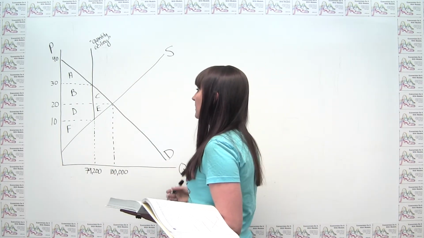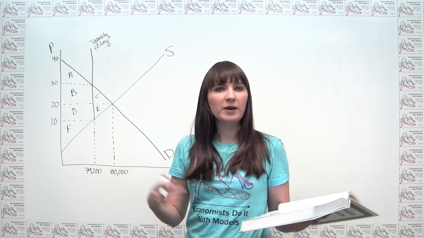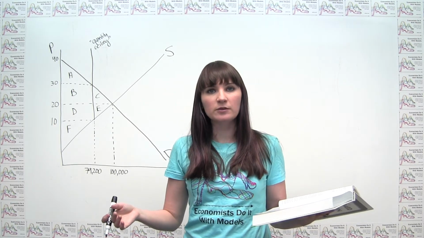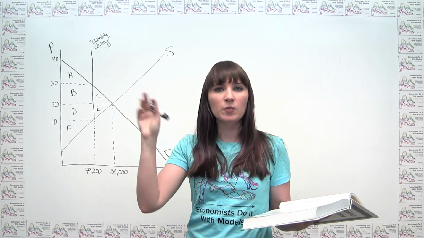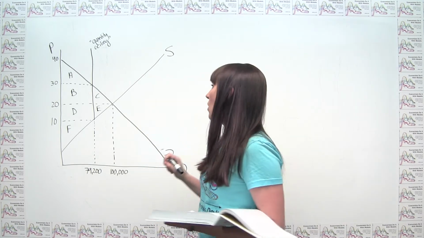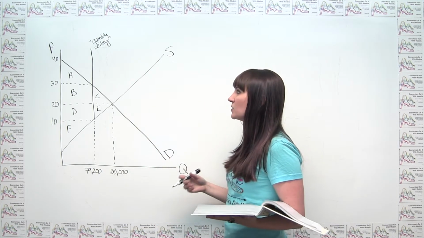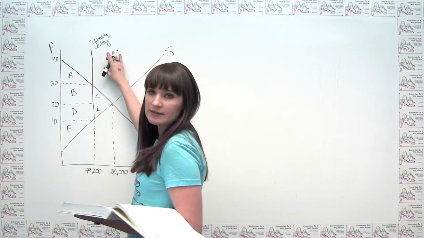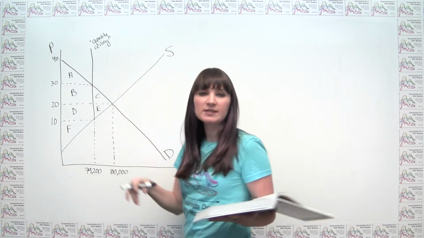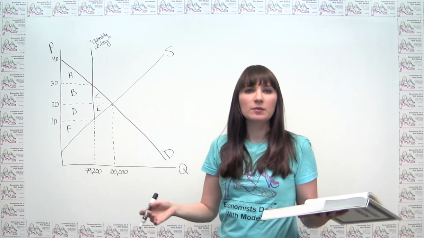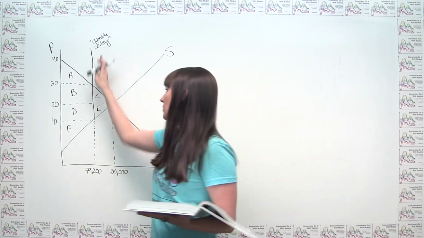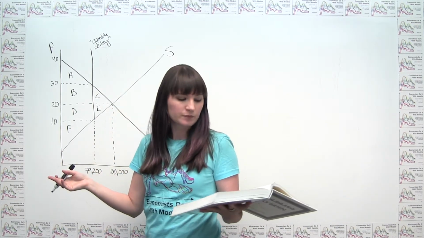What we'll see here is that we don't have a price control as we typically talk about. We don't have a price floor or a price ceiling. What we have instead is what I called a quantity ceiling, where we set a legal maximum on the quantity that could be supplied of this good in this market.